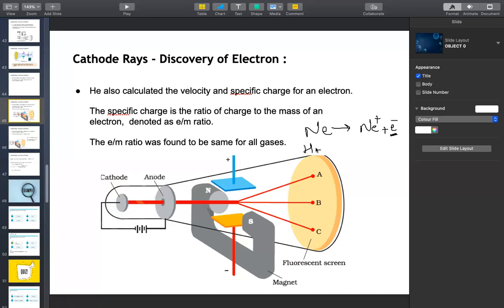Similarly, helium will give He plus and electron. This will form the cathode ray. Both are giving e only. So the charge of this cathode particle, e by mass of e, is the same in both the gases. Understood?